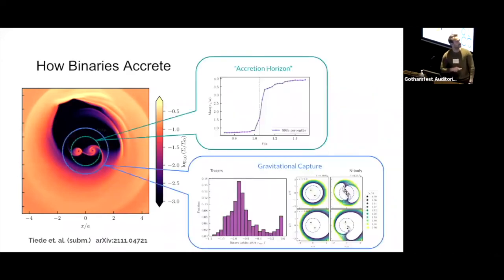These revealed a number of interesting things, but two main things we found about the accretion process are, one, the presence of an accretion horizon, essentially a point of no return, where when gas crosses it, it can no longer escape back out to the outer cavity and the outer disk. It necessarily will be swept up by the binary and will get accreted eventually.